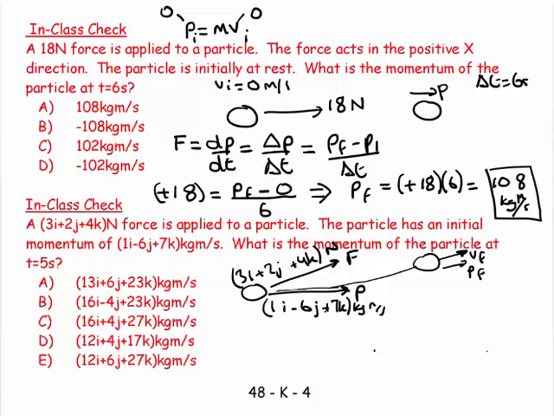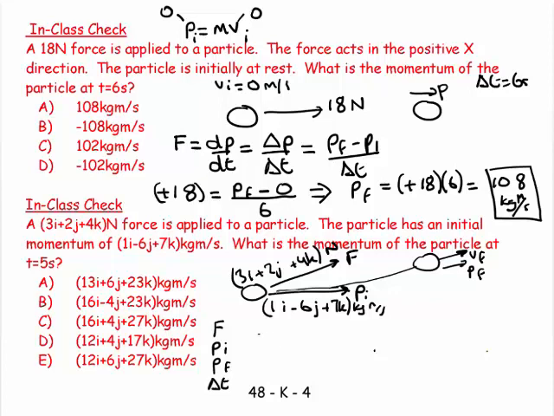What is the momentum of the particle at the end? Okay, so what do I know? I know my force, I know my p initial, and I want my p final, and I know the time interval. It says delta t equals 5 seconds.